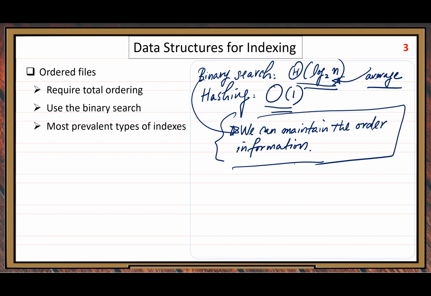So if we can apply the binary search, we try to use the binary search first. Only when we cannot apply binary search, with no total order, then the only way we can take is the hashing way. Because we have more requirements than just fast search.